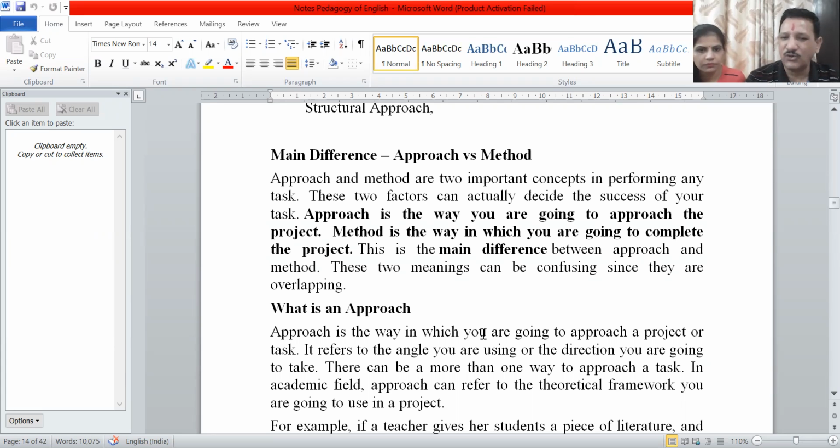Approach is the way you are going to approach the project. Method is the way in which you are going to complete the project. That means the way to reach that project or matter is called approach. And how it is completed is the method.